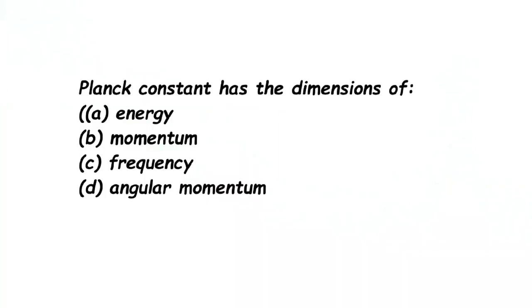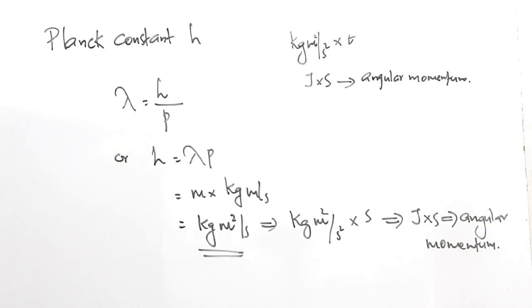Planck constant has the dimensions of: option A, energy; option B, momentum; option C, frequency; and option D, angular momentum. So here we have to find out which physical quantity has the same unit as that of Planck's constant. We know the equation lambda equal to h by p.